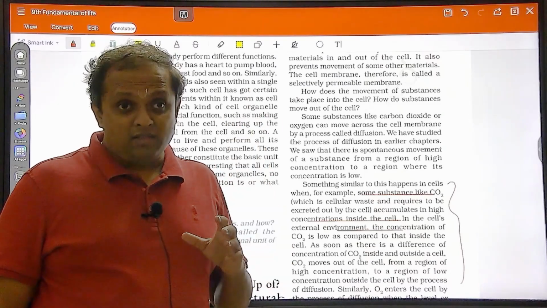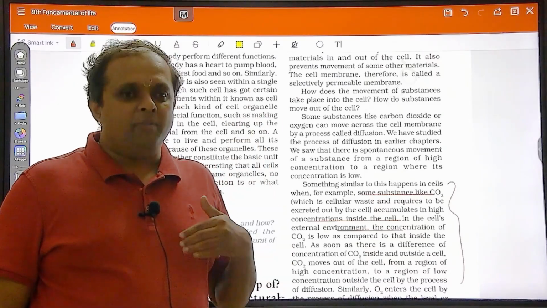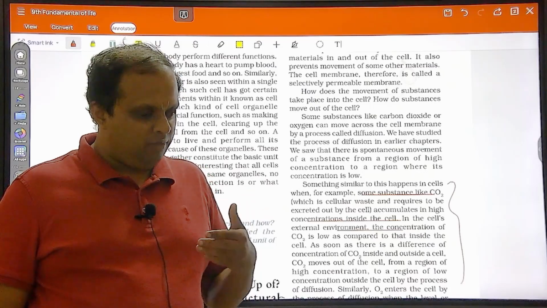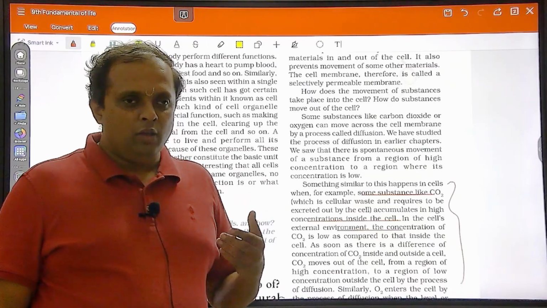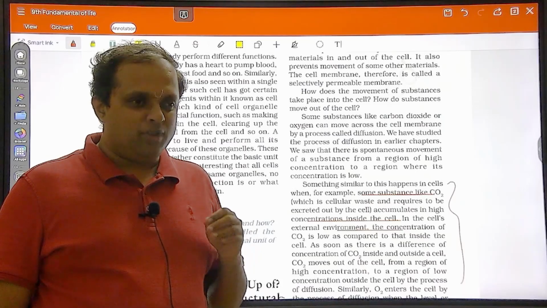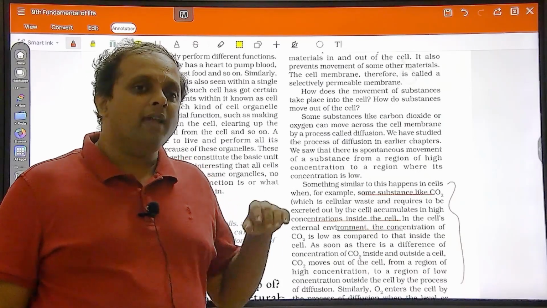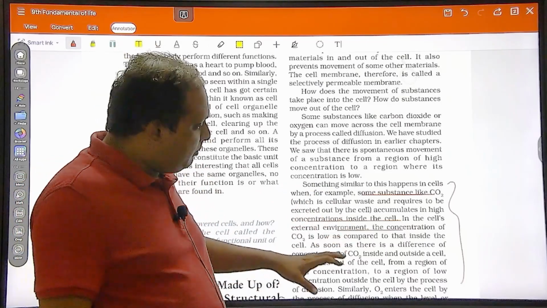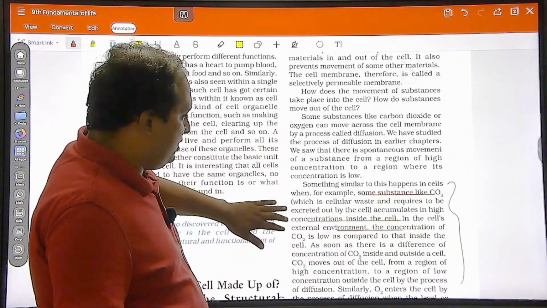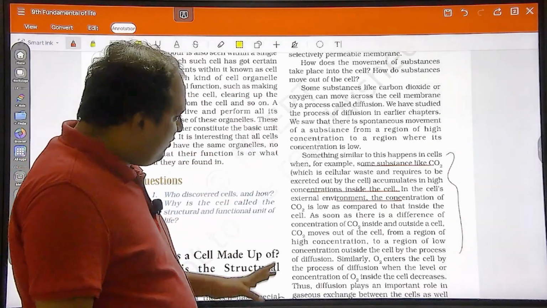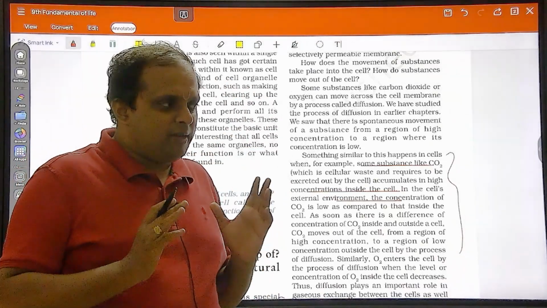So here we are supposed to know what is meant by permeability, what is selectively permeable, semi-permeable, fully permeable, impermeable. Though these terms are simple to understand, a discussion would really be helpful in providing much more clarity to these lines. These lines are given, but additional information is what is needed.